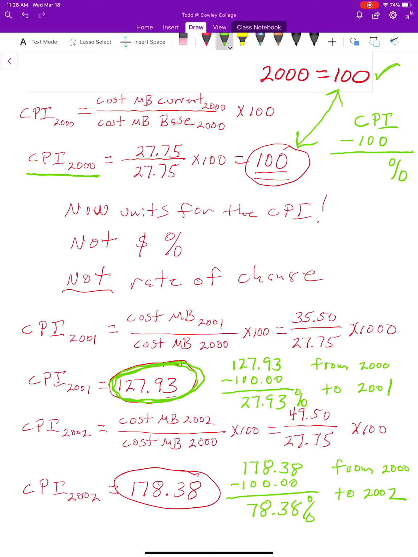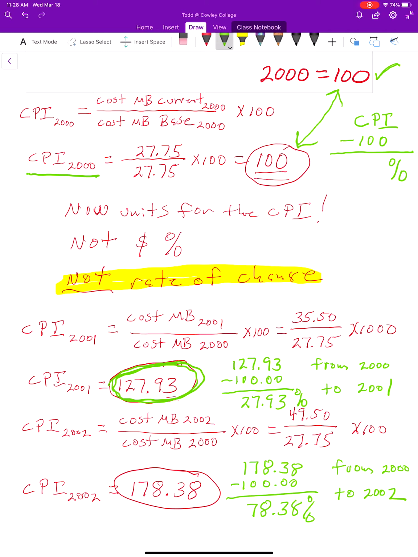All right. Now, there is one more thing that I said I was going to come back to before I forgot it. This part right here: the consumer price index is not a rate of change. Here's what I mean by that.